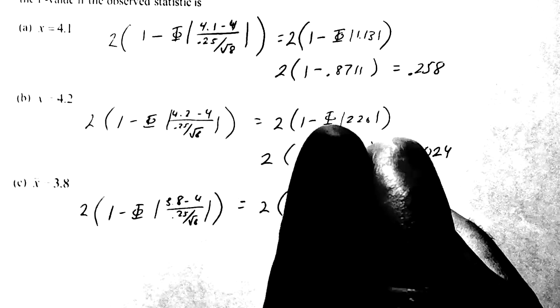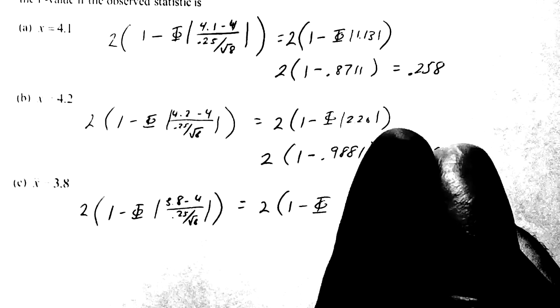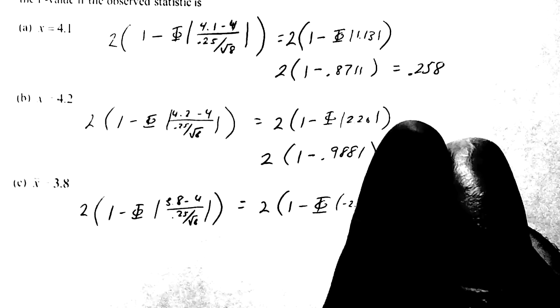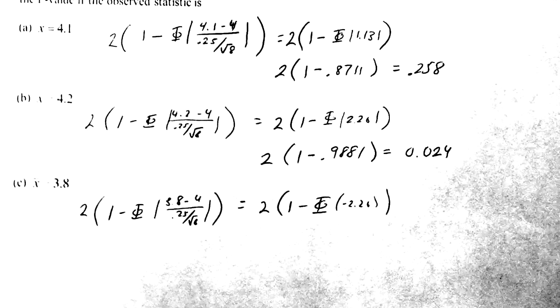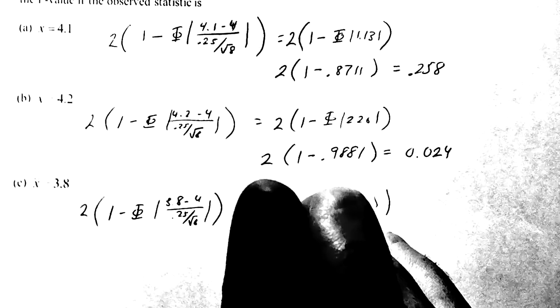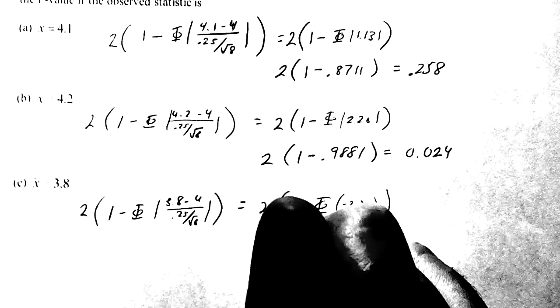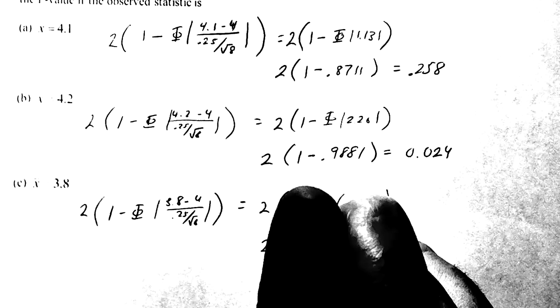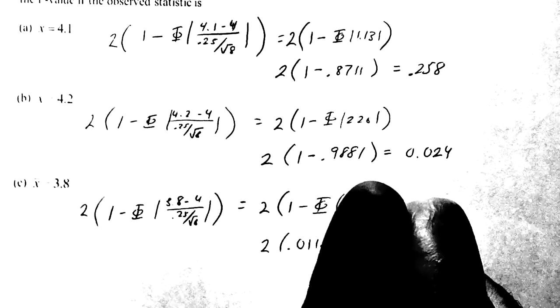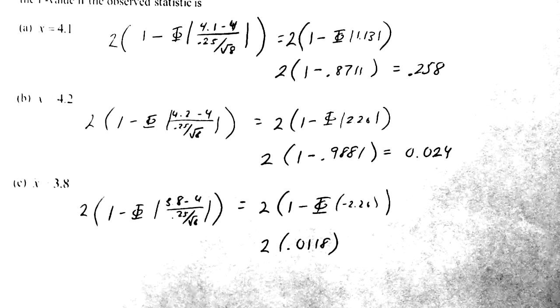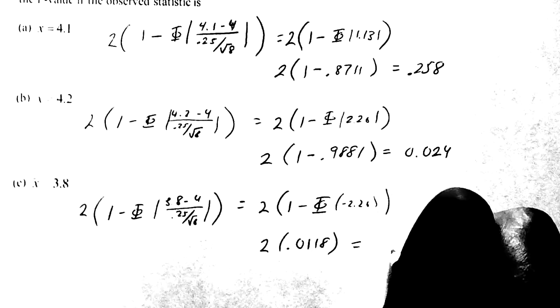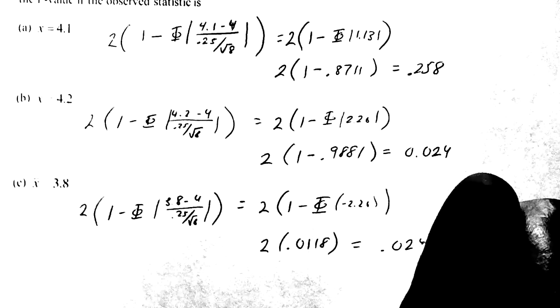So 2 times 1 minus the z-statistic for negative 2.26. And so we're actually looking at 2 times 0.0118. And that is equal also to 0.024.